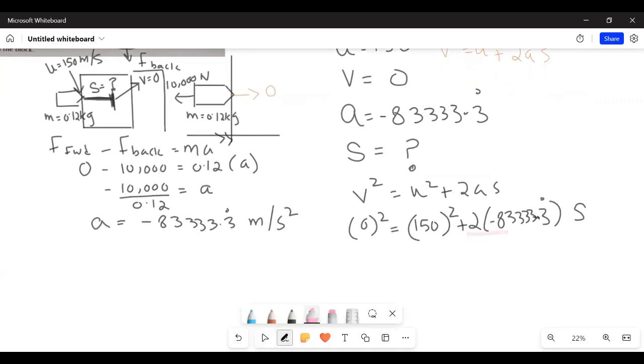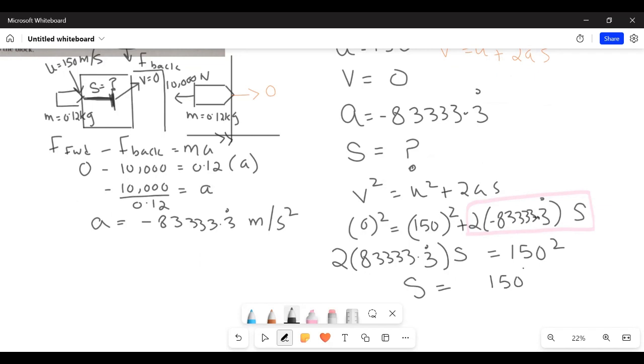So we could send this to the other side, make it positive, and then divide by the coefficient. So this becomes 2 times 83333.3 times s equals 150 squared. And then I'm going to divide 150 squared by 2 times the answer.